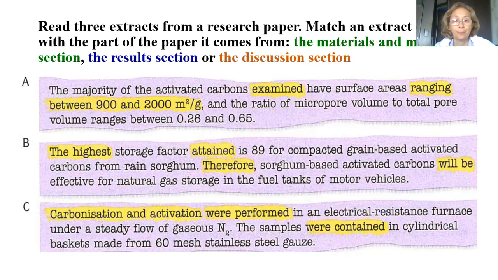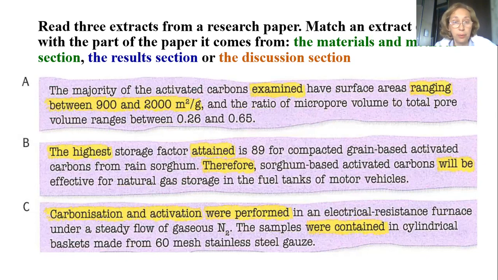Okay, I think it's the results section because it says examined. Yes, it presents some empirical data. You are right. This is the results section.